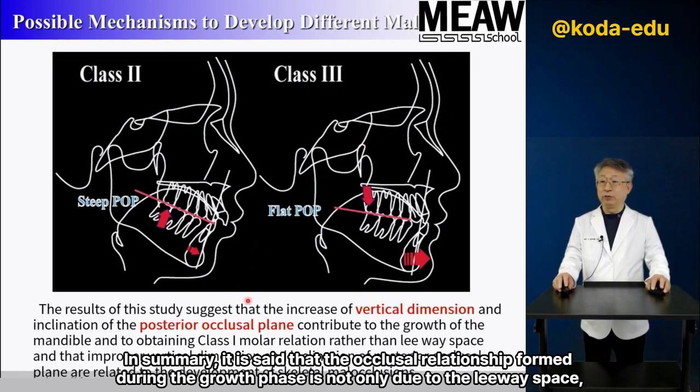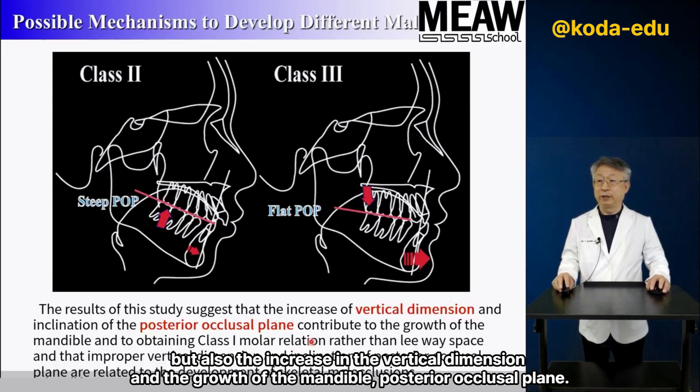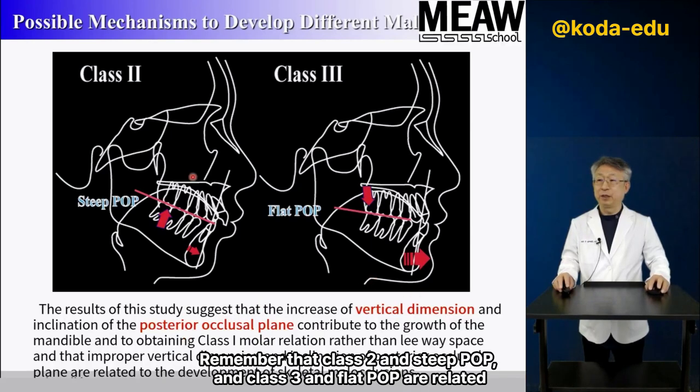In summary, the occlusal relationship formed during the growth phase is not only due to the leeway space, but also the increase in the vertical dimension and the growth of the mandibular posterior occlusal plane. Remember that class 2 and steep POP and class 3 and flat POP are related.